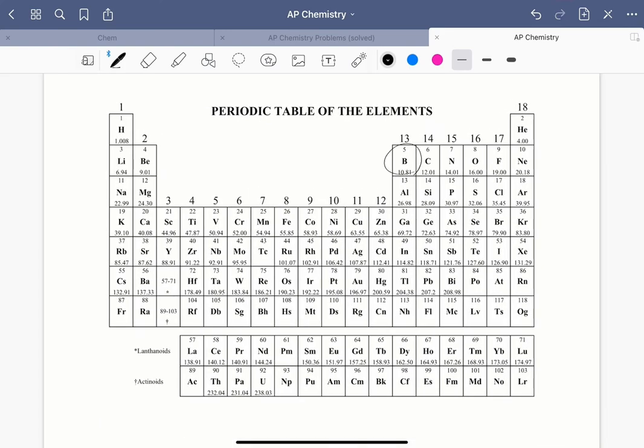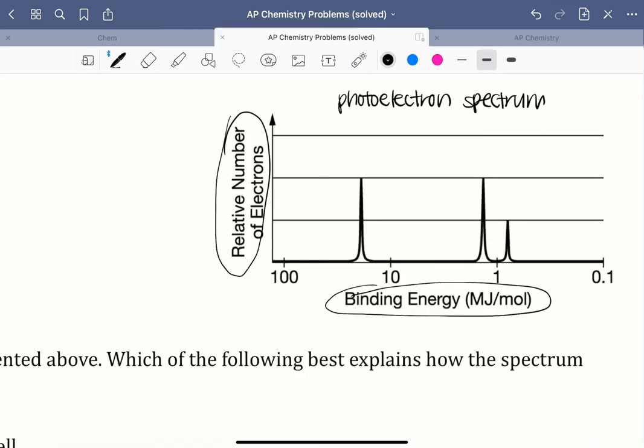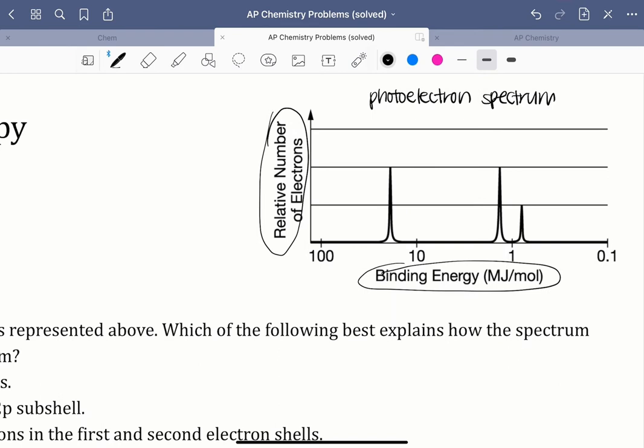The electron configuration for boron is going to be 1s2, hydrogen and helium, 2s2, lithium, beryllium, and boron. So it's going to be 2p1. 1s2, 2s2, 2p1. That's the electron configuration for the element boron.